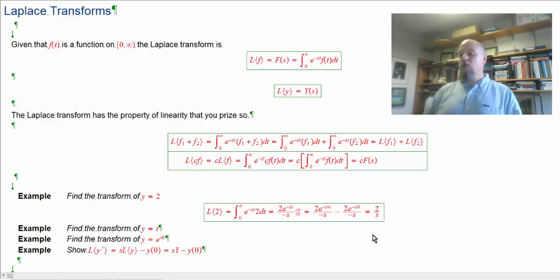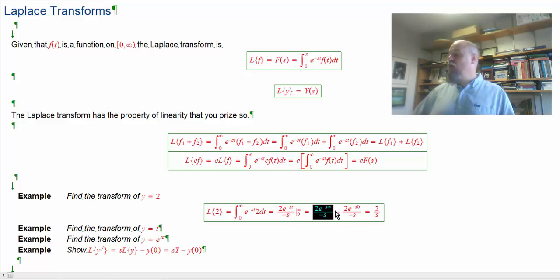Now, just by pushing the delete button, I made the assumption that s was a positive number, right? Because if s was a negative number, then this would be e to the minus a minus infinity, and that would go to infinity. So how do I know that s is a positive number? Well, it is or it isn't. If it isn't, then this whole chunk of algebra goes to infinity, and the transform of even the simplest function isn't good for me.